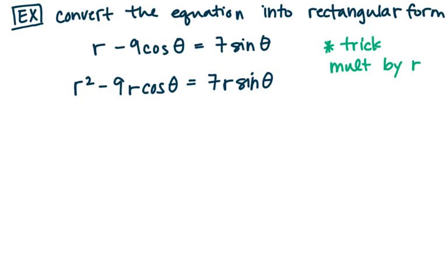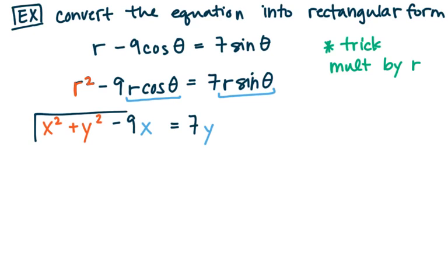Now, what's r squared equal to? We should all recognize that that's x squared plus y squared. I have minus 9. r cosine theta is x. And then I've got my 7. r sine theta is y. And this is fine or acceptable as your final answer.